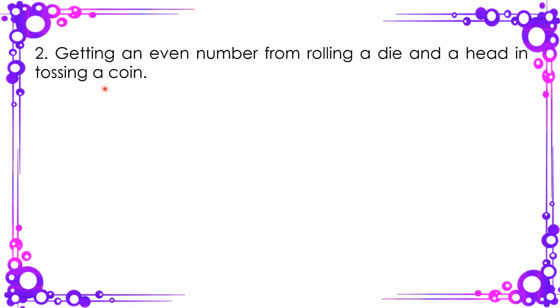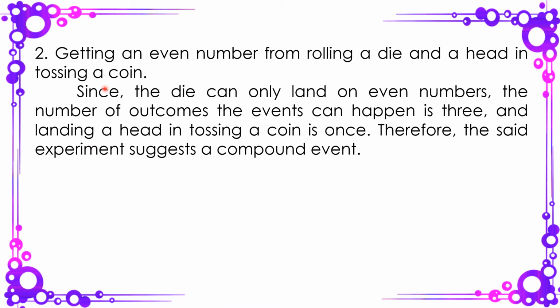So if we combine these two simple events, this will lead us to a compound event. And if we are going to list down all the possible outcomes in number 2, we have two or more possible outcomes. So it can be 2 and a head, 4 and a head, and 6 and a head. So this is called a compound event.